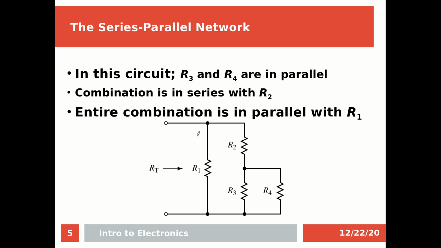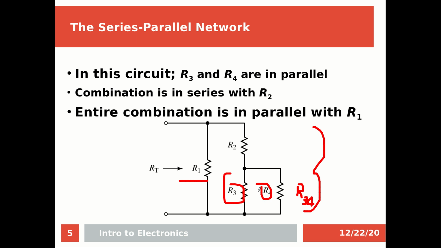Now in this circuit again we see that R3 and R4 are in parallel. R3 and R4, maybe you can write R34. R34 is in series with R2, and the equivalent for both of them is in parallel with R1.